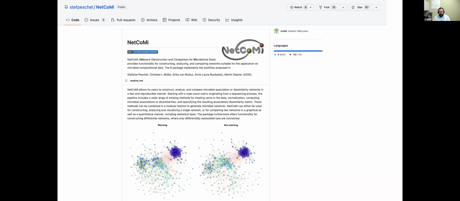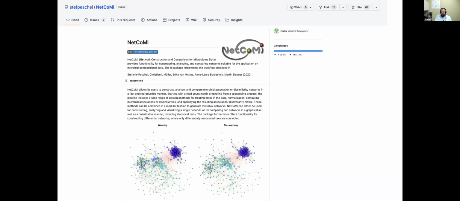There are more complicated methods that use Bayesian estimation, instead of just adding a single static number to everything, will add a pseudo count based on the properties of each of the samples. But anyway, NetCoMi implements 4 different methods for that, and then it implements 6 different methods for data normalization and data transformation, which we will go over.